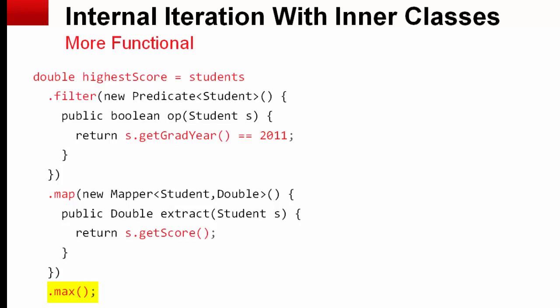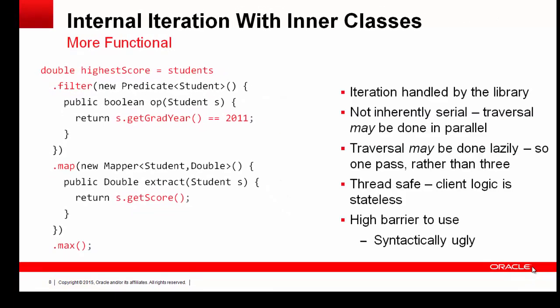And we return that result as our end result. So this is good. So this is much better in terms of looking at how we can do parallel processing, how we can use those multi-core, multi-CPU machines. We don't have explicit iteration. There's no loop there. So the iteration can be handled internally within the filter or the map or the max method.